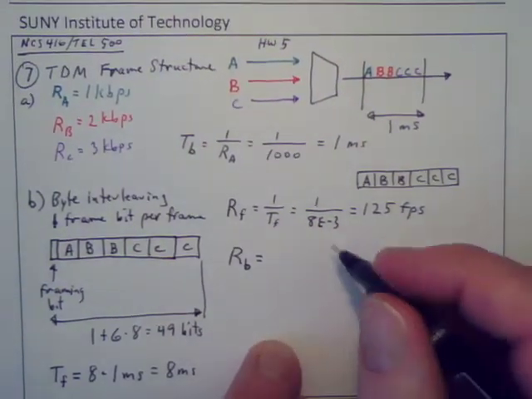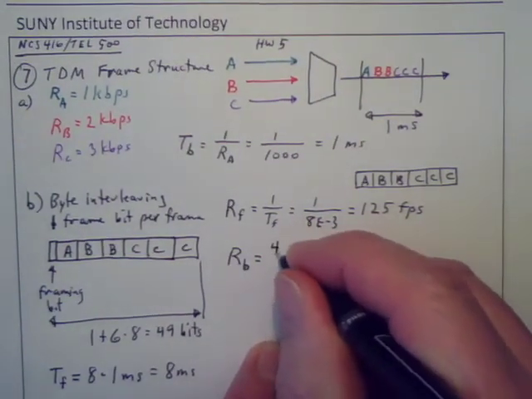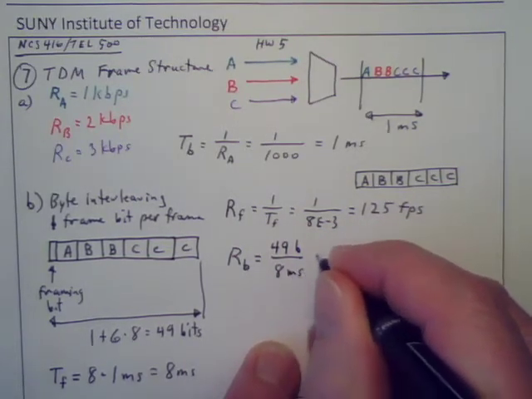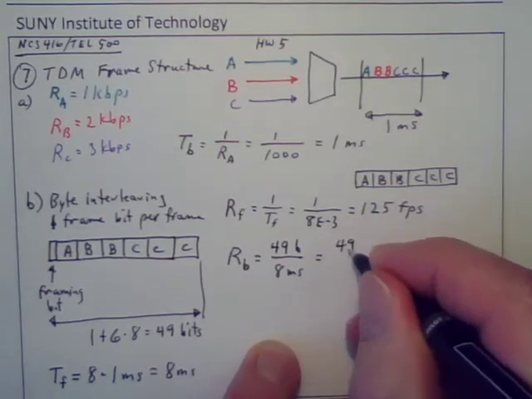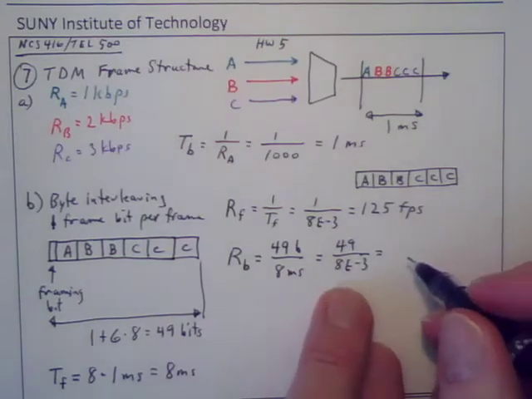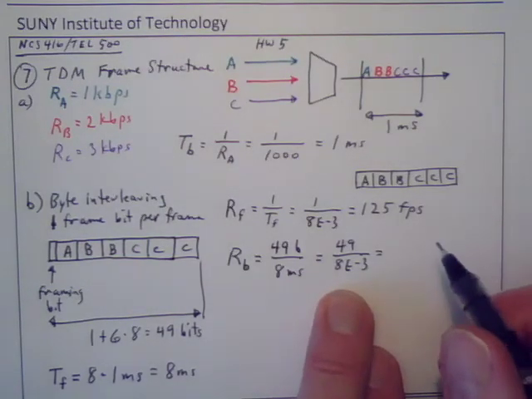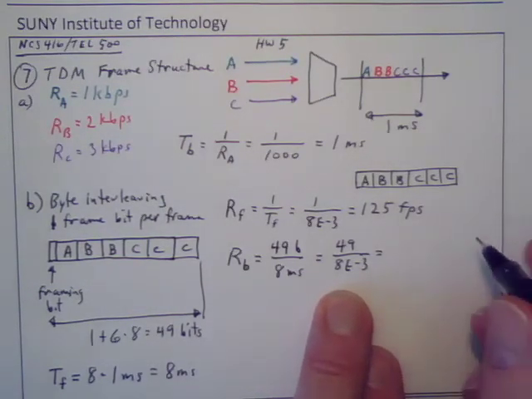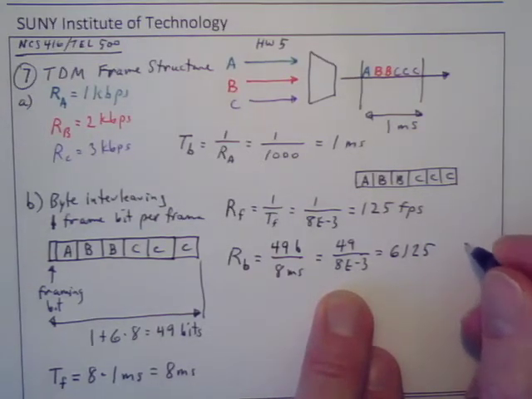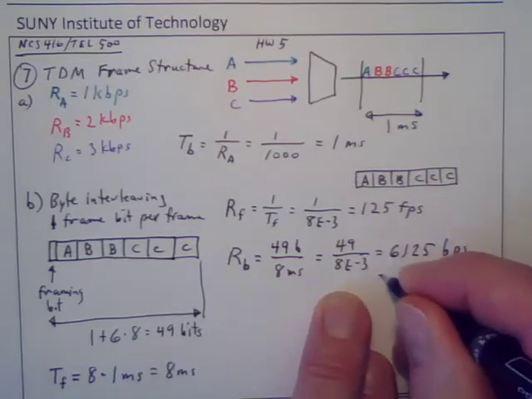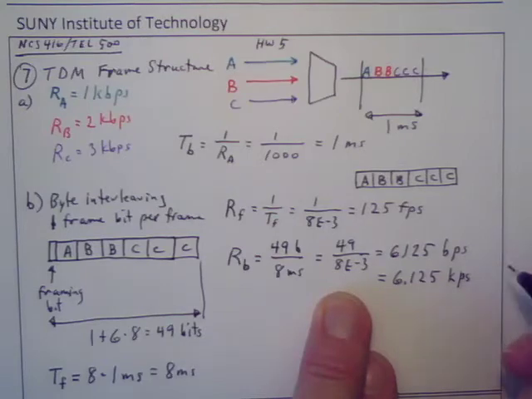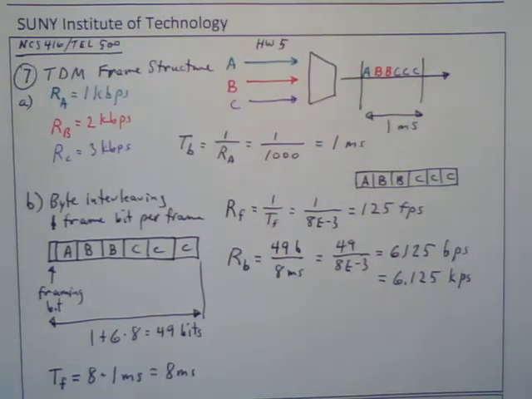With overhead it's 49 bits in 8 milliseconds, or 49,000 divided by 8, which is 6125 bits per second, just a little above 6 kilobits per second, 6.125 kilobits per second.